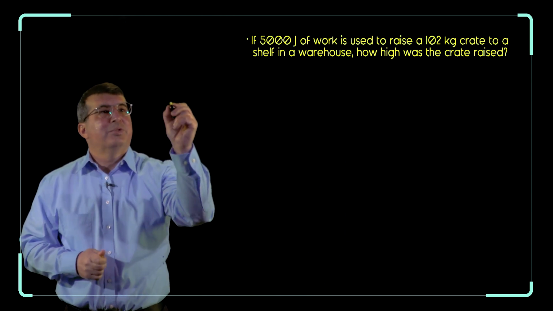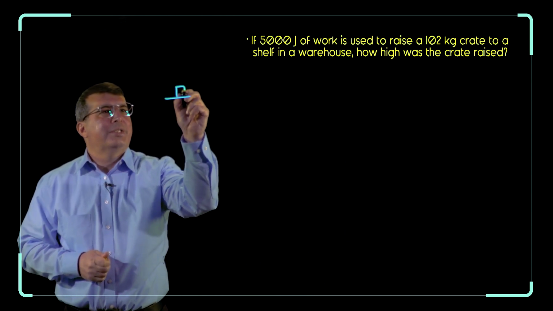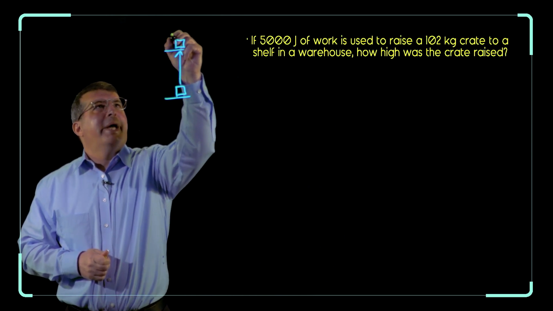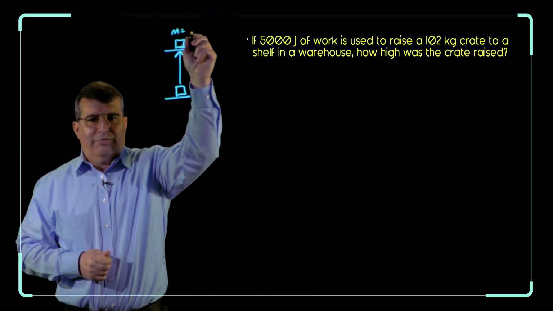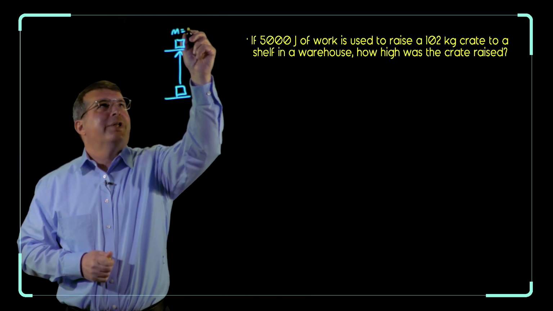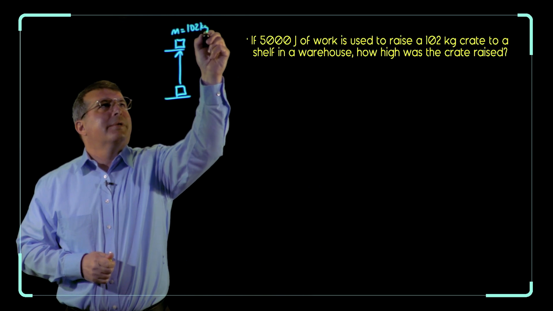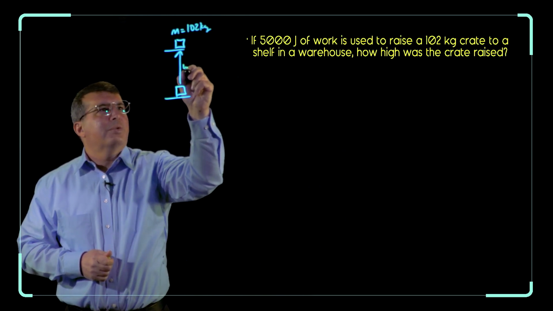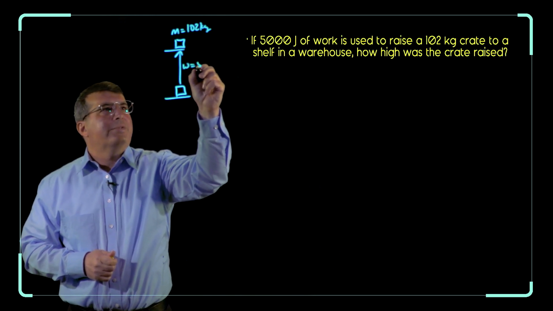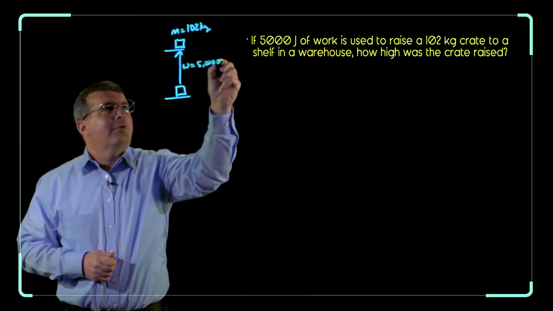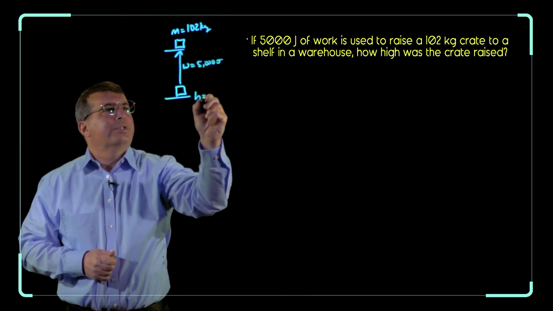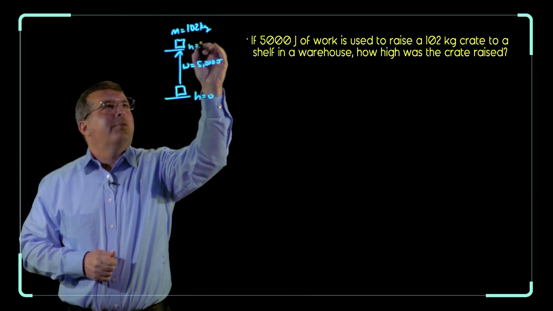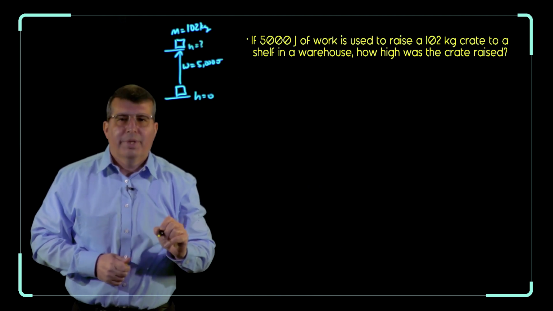Okay, start with a diagram. We have a crate raised up to a shelf. The mass of the crate is 102 kilograms, and 5,000 joules of work was used. It starts off on the floor with a height of 0, and it ends up with a height that we don't know.